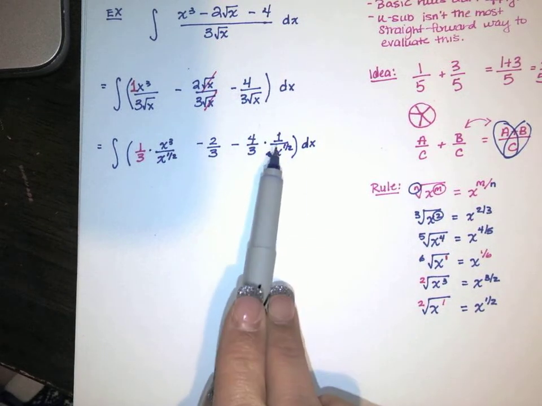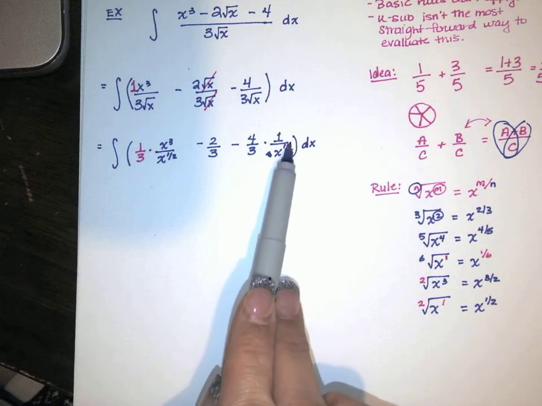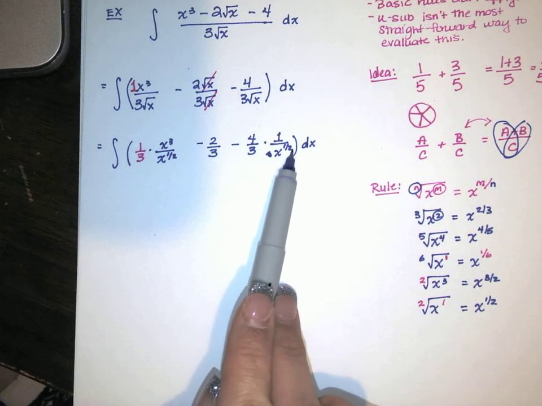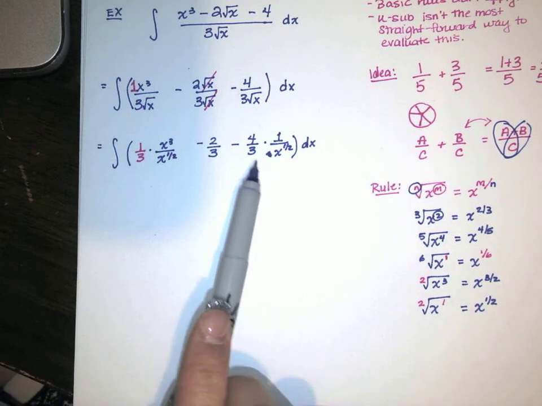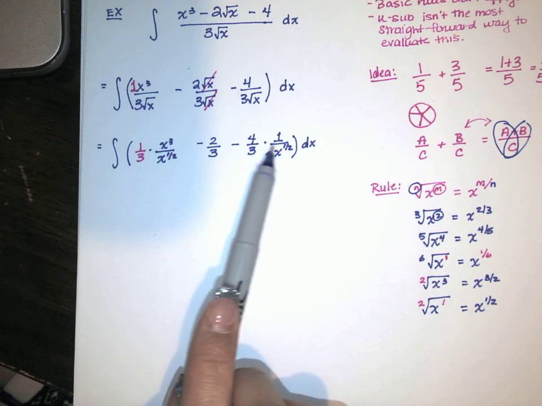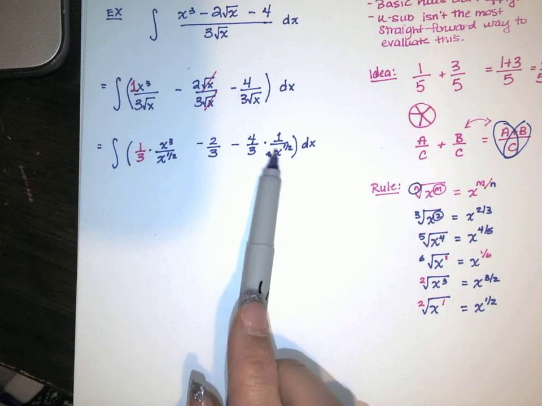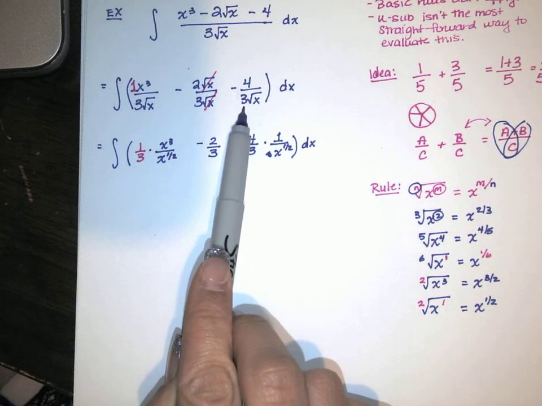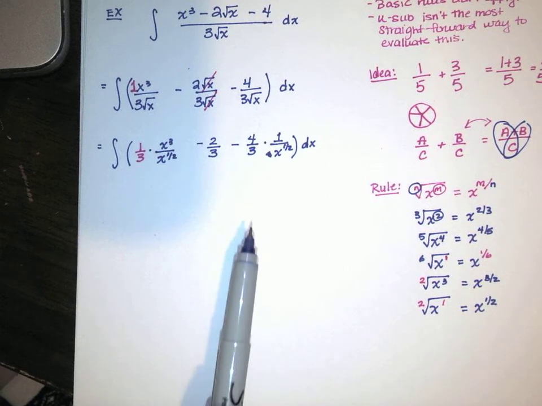And a lot of students wonder why on earth I did that. Well, the reason why I did that is because I wanted to see this 1 over x to some power so that I could use my exponent properties to simplify it. Now, if you're like, where did that 1 come from? There was a 4, and if there was no 4, there would just be an x to the 1/2. You're right, there is an x to the 1/2 in the denominator, but there needs to be that 1 as a placeholder.